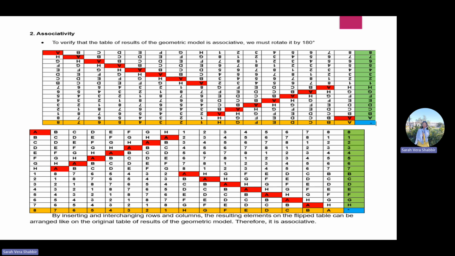Therefore, it is associative. So I want you to notice this table after I interchanged rows and columns, it went back to the original position. So meaning it is associative.